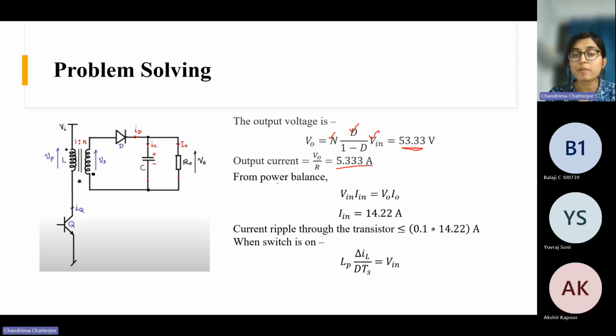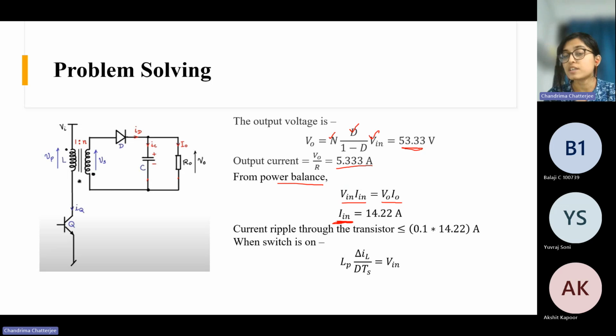Now, from power balance, suppose we are assuming an ideal circuit where input power is equal to output power. So V in times I in, that is the input power, should be equal to the output power, which is V out times I out. So we know V in and we also know V out and I out. So we can find out what is input average current. But mind, this is average current, right?